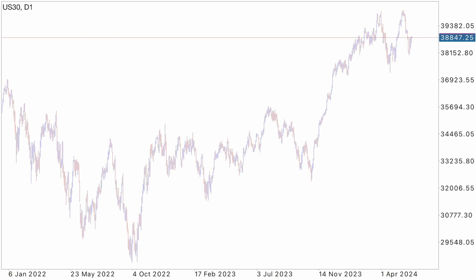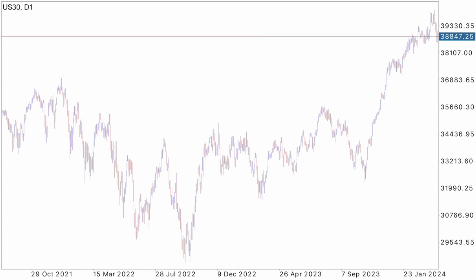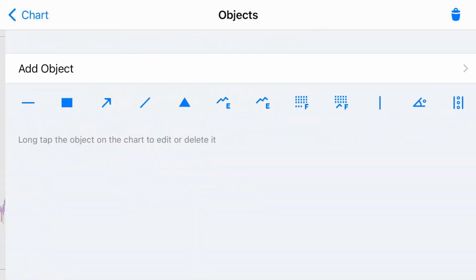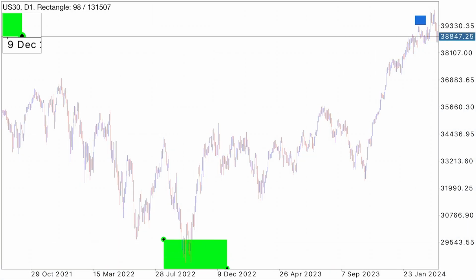Alright, seeing that we now have our daily time frame chart with us, we can see that we had a beautiful move from this structure, which was our change of market structure.